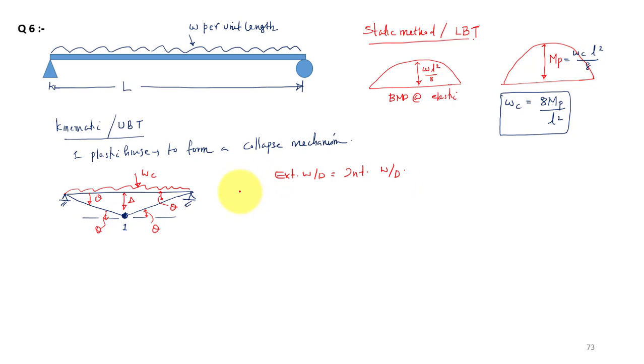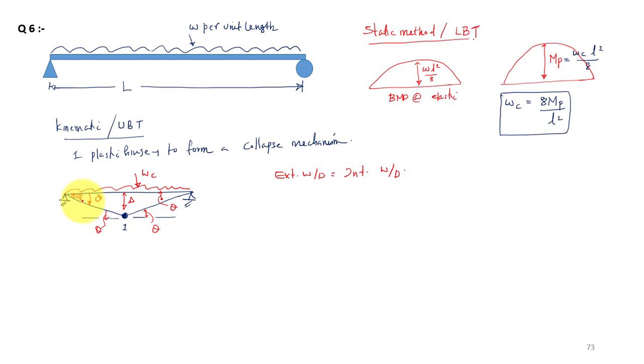Your external work done is load into corresponding displacement. Here we have the load throughout the span, so this is the UDL. You have to multiply this W at this section into corresponding delta, and similarly for each and every section, the same intensity W into this delta. Finally, for your total external work done, you will get load intensity into this distance.